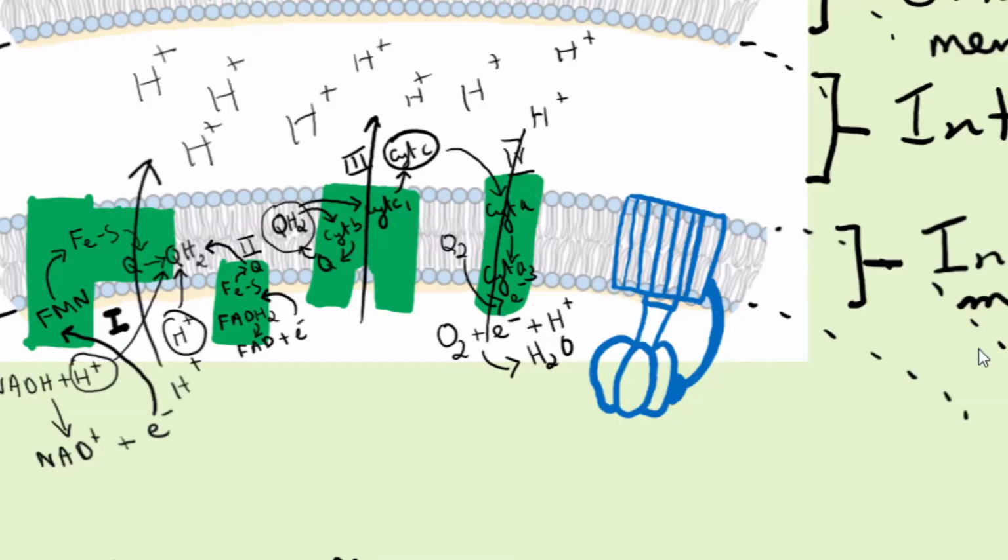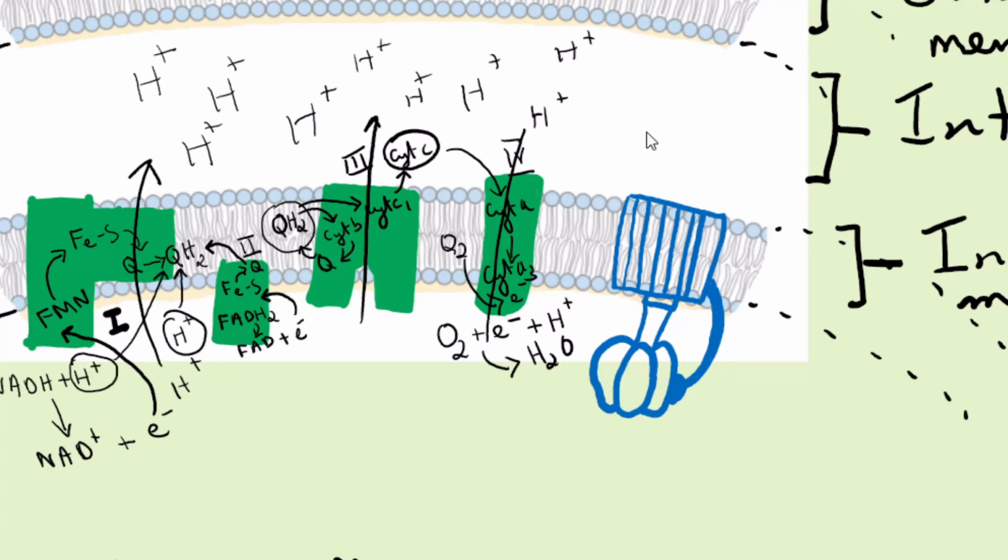And in nature, when a gradient is produced, everything wants to balance itself out, everything wants to maintain homeostasis. So these protons will want to move back into the matrix to try and maintain equilibrium between the intermembrane space and the matrix.